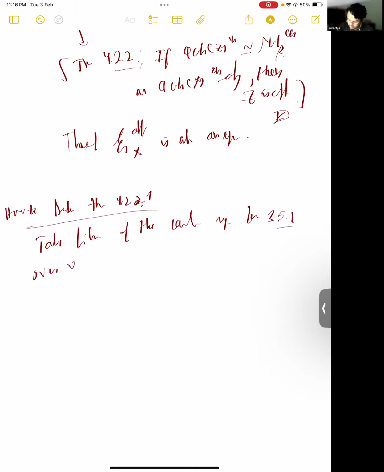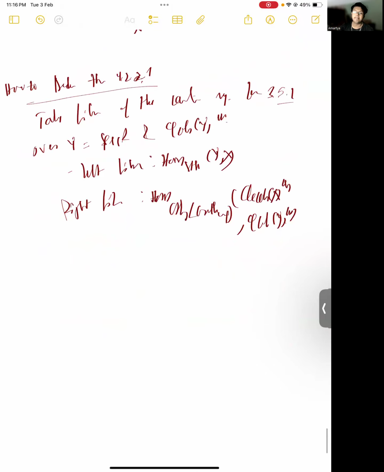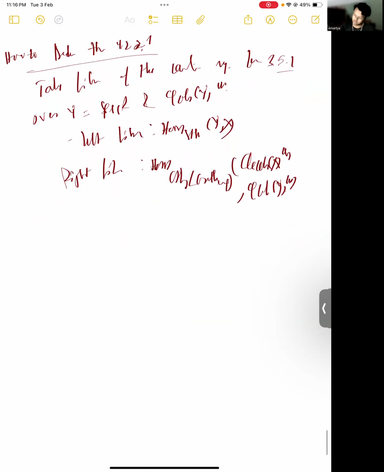Over Y equals Spec R, QCoh Y. And the left fiber is Y times X, and the right fiber is the CAlg graph category.